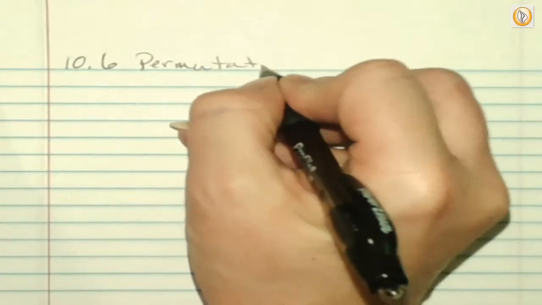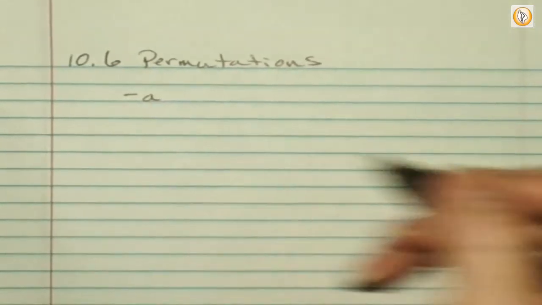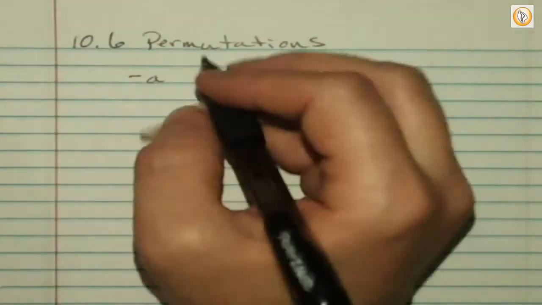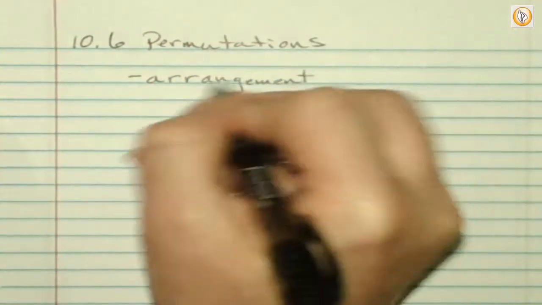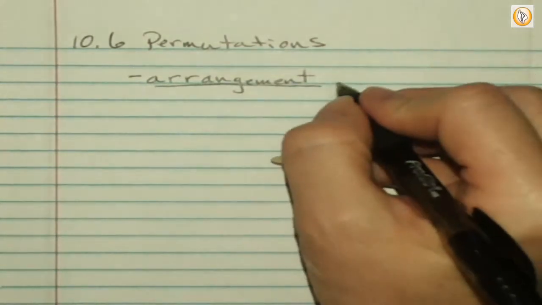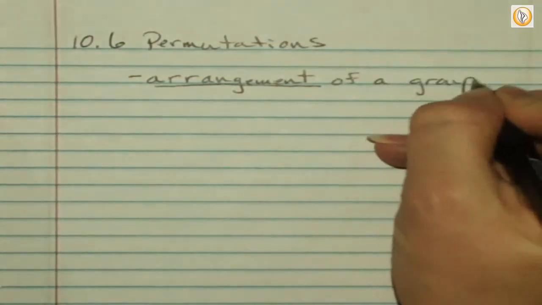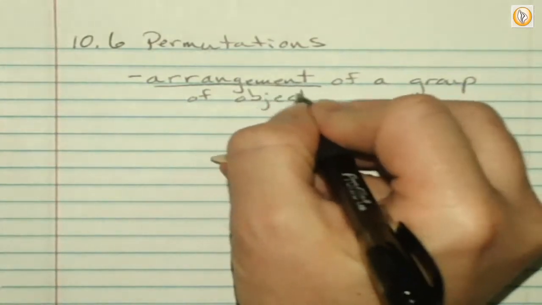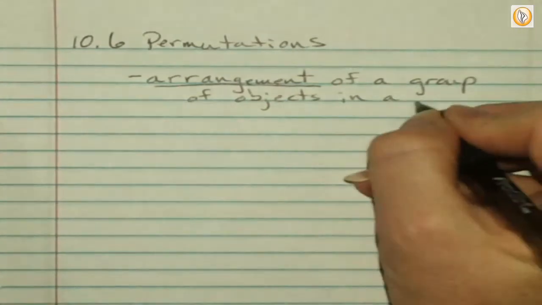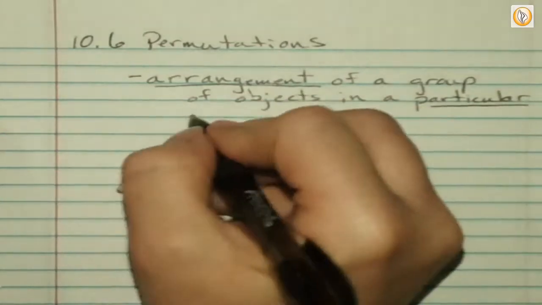Okay, so 10.6, we're doing permutations. Permutations is an arrangement of a group of objects in a particular order.